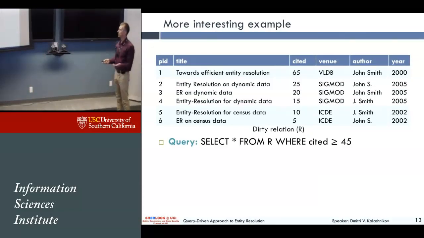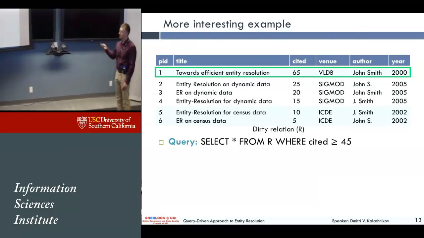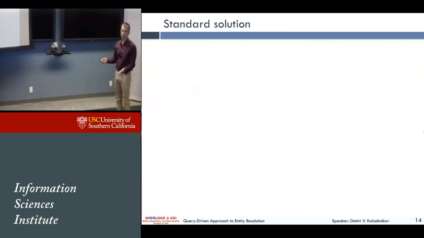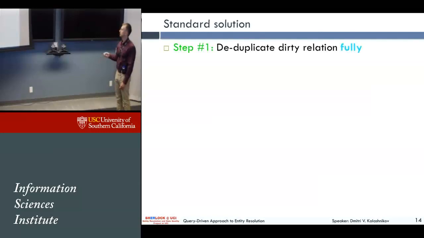Now, if we execute the following query on top of this dirty relation, we get the first paper, which is correct, and then we need to get the second paper. So what is the standard solution? How would typical approaches answer this query?